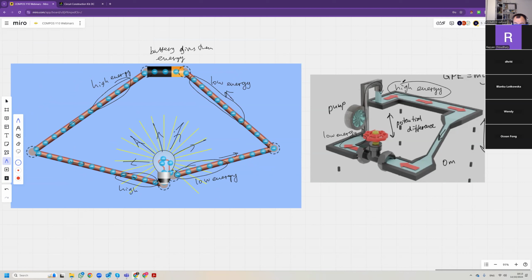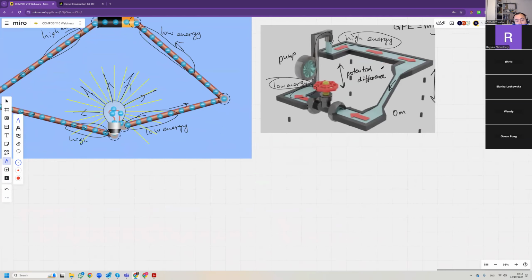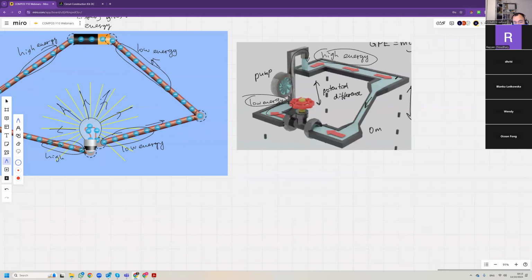But rather than saying energy, we use the word potential, which is a very similar thing. And then this water has high energy, and it's ready to do some useful work on the way down. So for example, there could be a wheel, and the water spins that wheel on the way down.